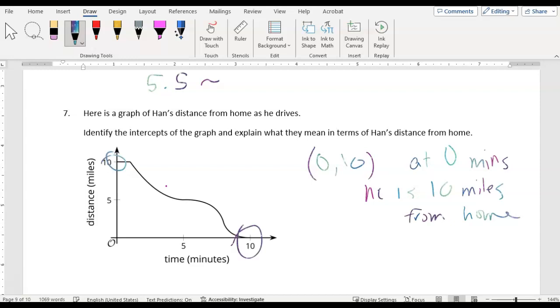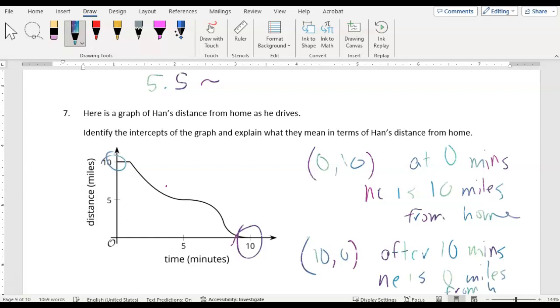And then our second one, or our horizontal intercept, is 10, 0. And this means after 10 minutes, he is 0 miles from home. Or in other words, he's home, right?